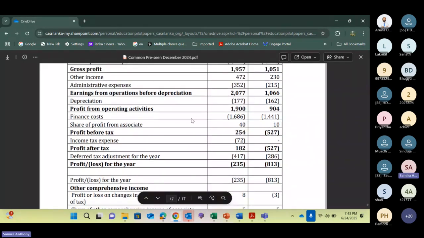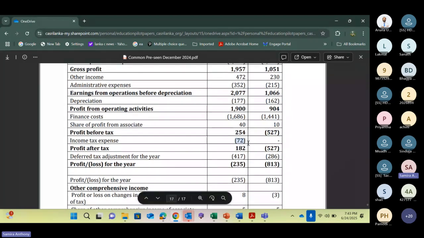Current operating profit is 1.9 billion. The finance cost is there, and share of profit from associate 40. Profit before tax, and this is income tax. Now you should have a method to calculate the income tax.